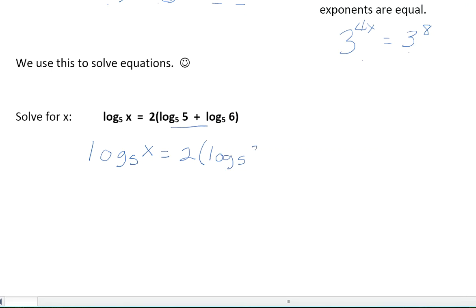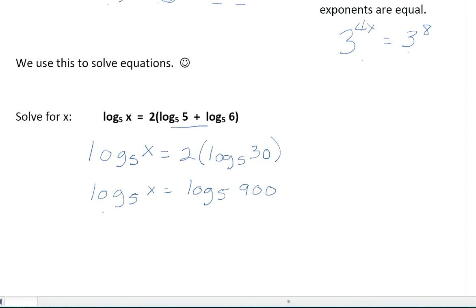So this becomes log base 5 of 30. And now I need to take this exponent. I'll rewrite this side. Equals log base 5 of 30 squared. And 30 squared, I think that's 900, if I can do my math right.